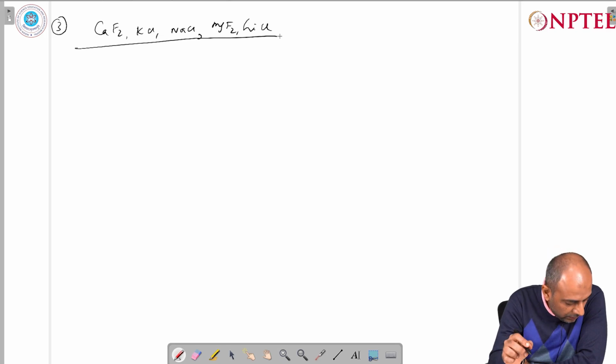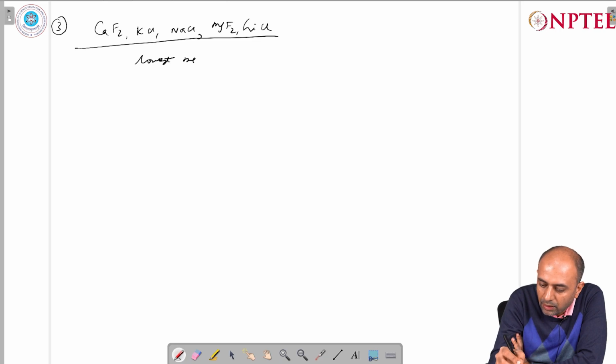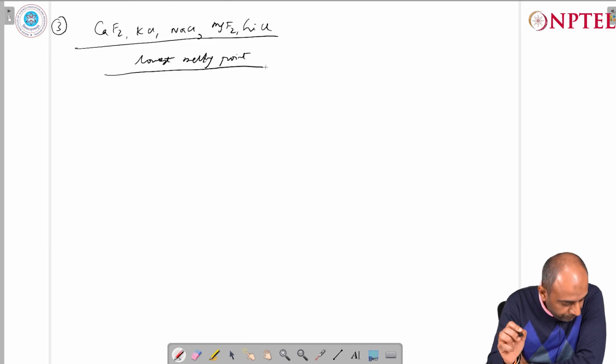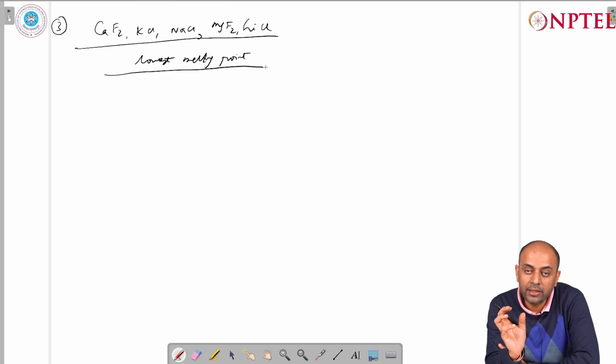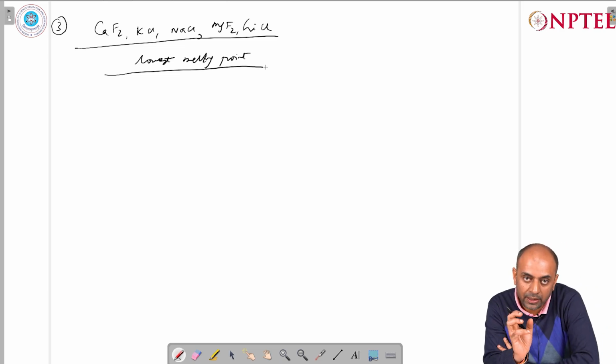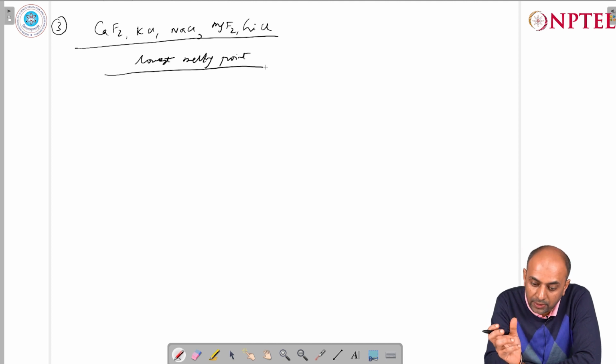We have to determine which of these compounds has the lowest melting point. The melting point is going to be the least for the combination of cation and anion in which the electrostatic interaction is the weakest, and the electrostatic interaction is the weakest in the case where the cation and the anion both have the largest size.